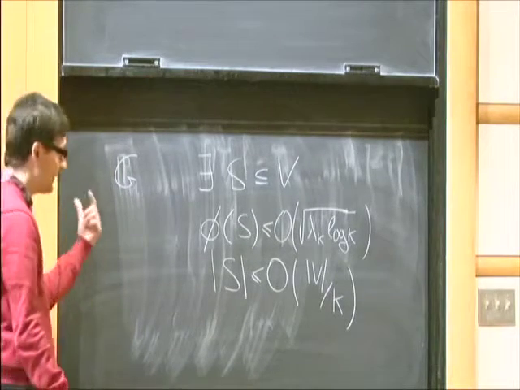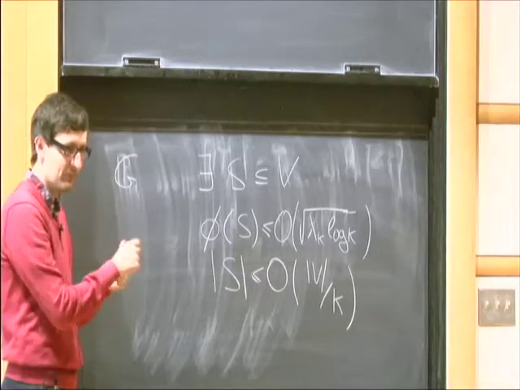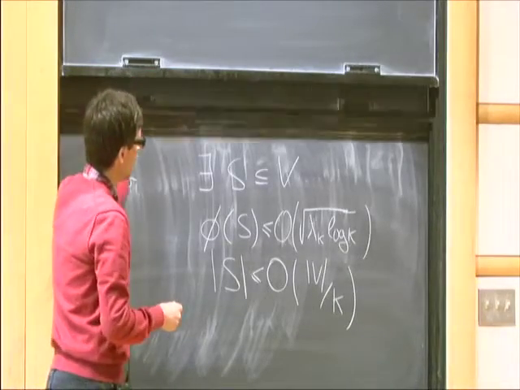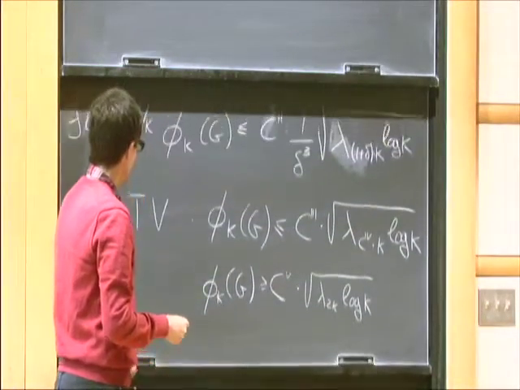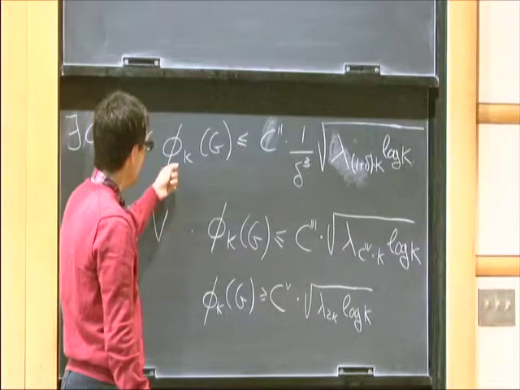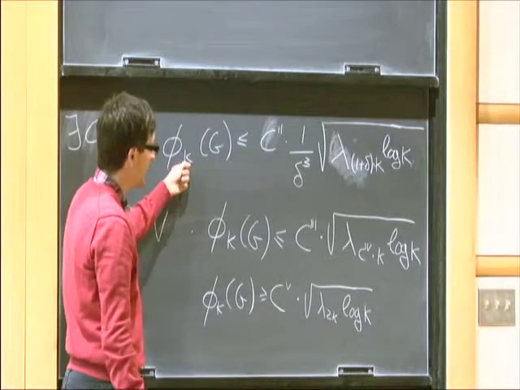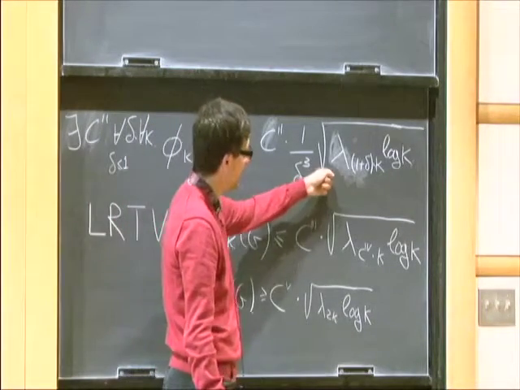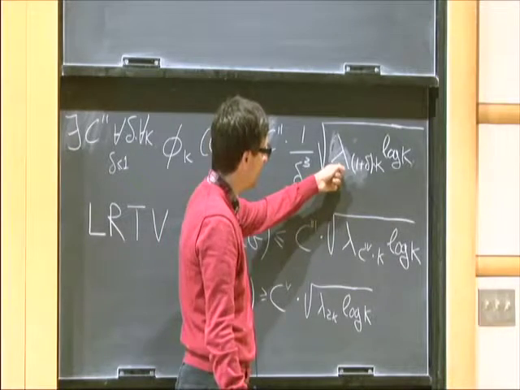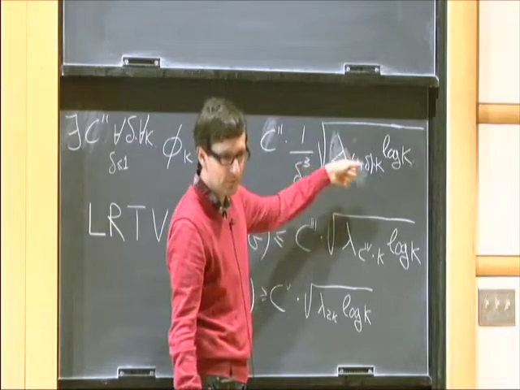I guess here k is not the same k as before. Take, say, this result with delta equal 1. This is saying that you can find k disjoint subsets, each of expansion at most lambda 2k times log k. So now call 2k k.